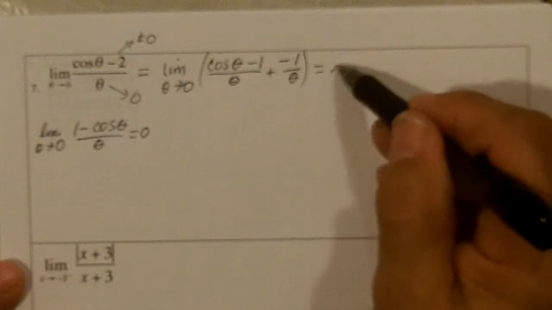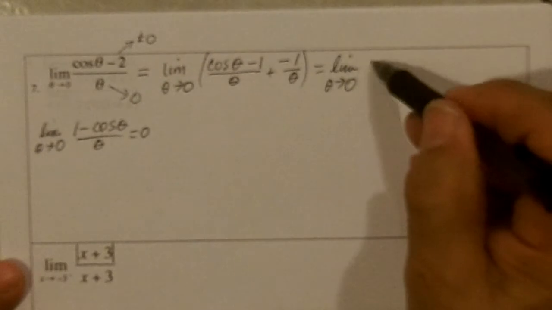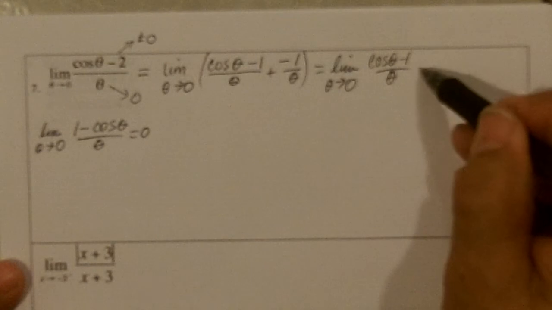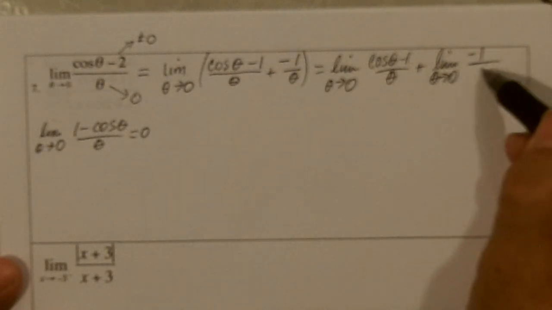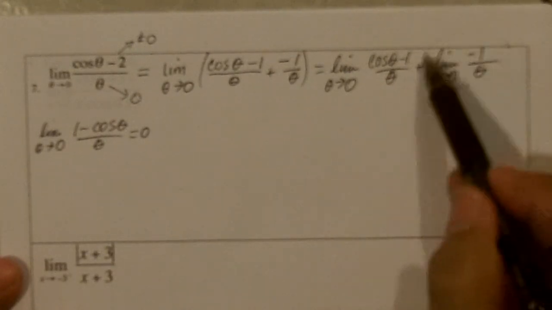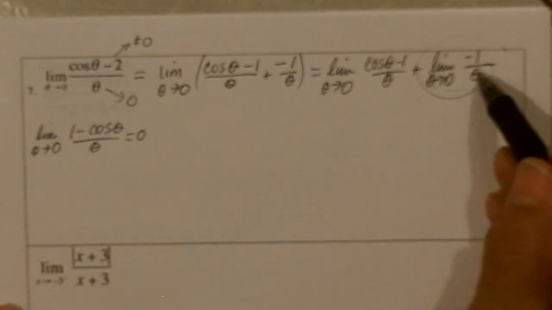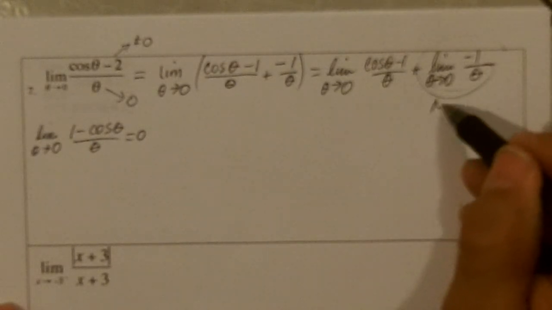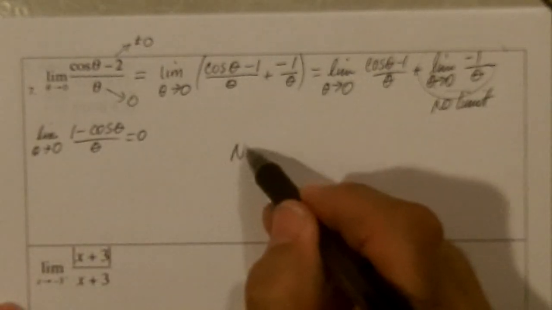So this becomes the limit as theta approaches 0 of cosine theta minus 1 over theta, plus the limit as theta approaches 0 of minus 1 over theta, and this has no limit. It goes off to positive or negative infinity depending on which side you come in. So this has no limit. So the whole thing has no limit.